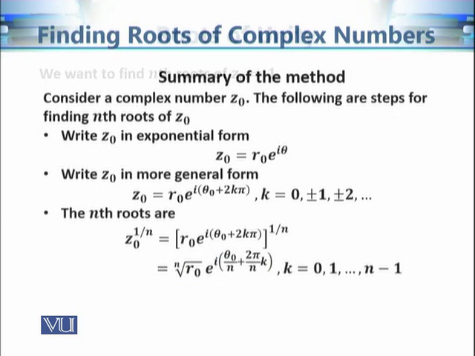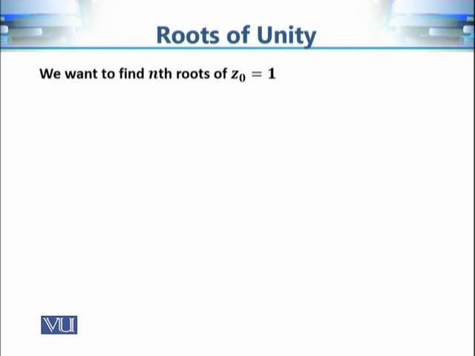Next we are going to study a very important example. It's basically the nth roots of unity. Our given complex number is 1. If you remember, in schools, when we used to calculate cube roots of 1 and fifth roots of 1, etc., the answer was always 1.